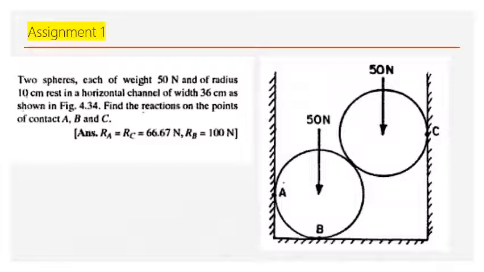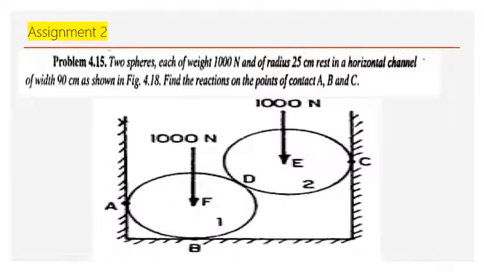This is the assignment for section A, and this is the assignment for section B. Both are similar, so you can solve both the problems. That is for your practice.